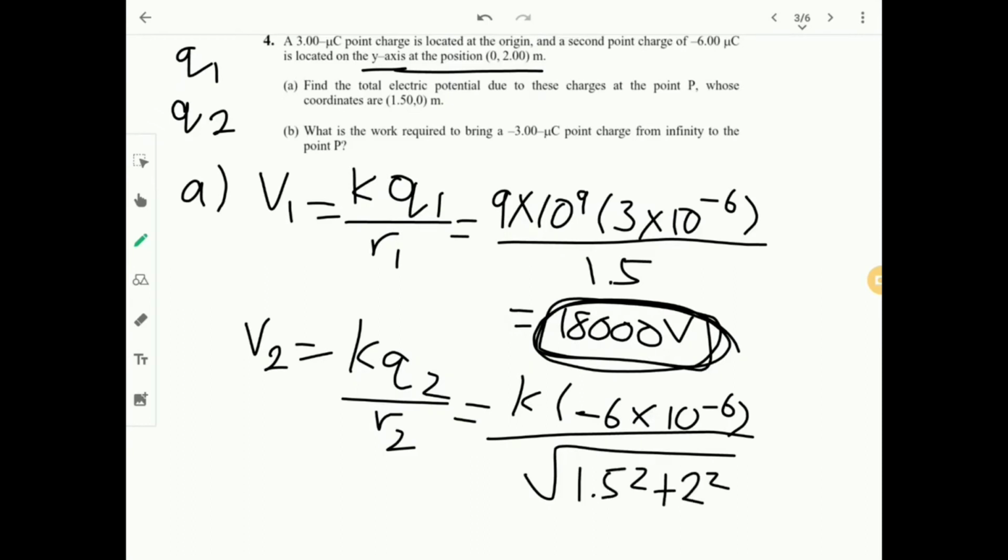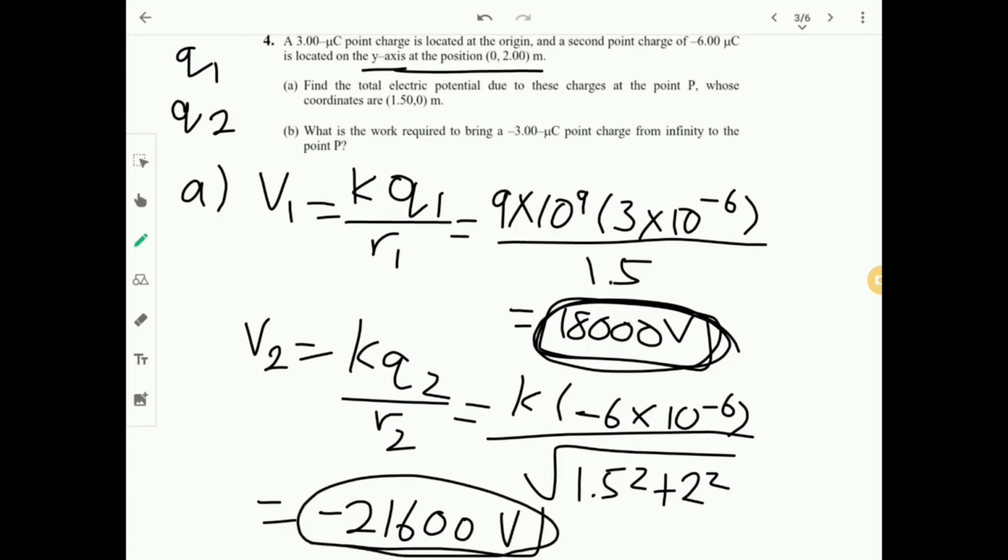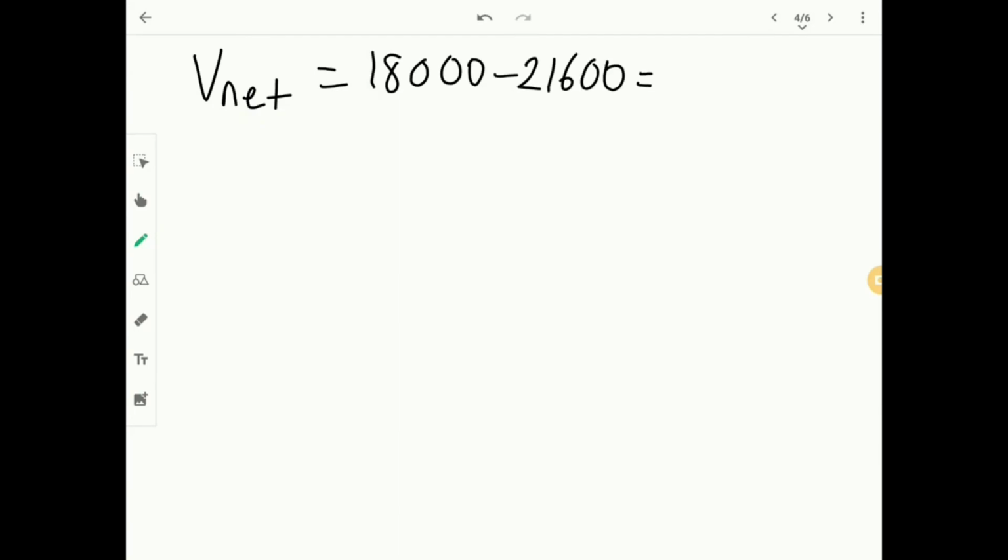I'm going to let you do all the calculating there, and we should get minus 21,600 volts. This is circled as well because we still haven't found our final answer. We've just found the electric potential of one and the other. Now let's find the final electric potential. Let's call this V net, and this is equal to 18,000 minus 21,600, which gives us minus 3,600 volts.